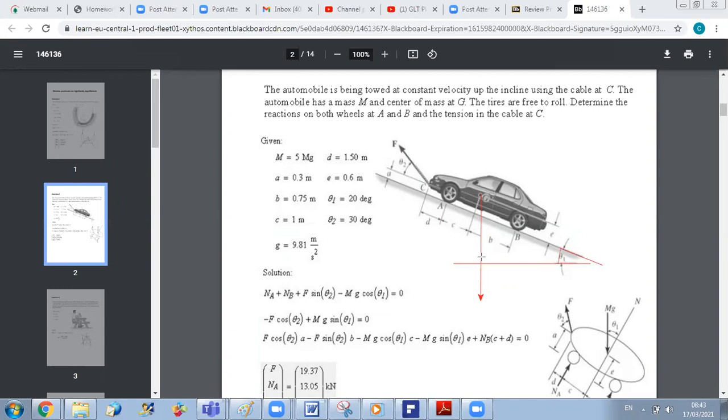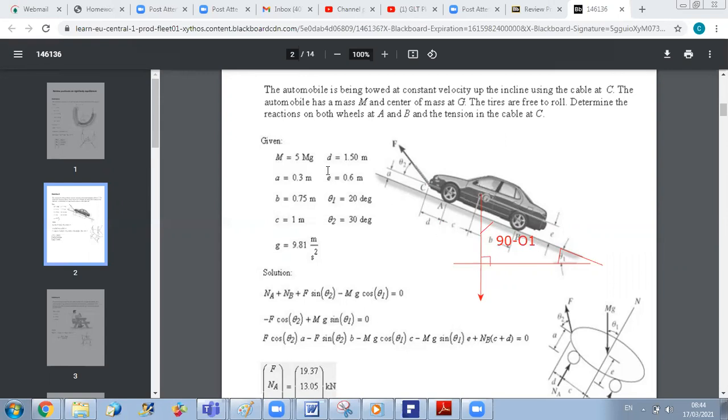Since the weight is vertical, perpendicular to the horizontal, the weight's angle with the inclined line will be 90 minus theta 1. So if I want to project the weight on the inclined line, I will do cosine 90 minus theta 1. And if I want to project the weight on the perpendicular, I do sine 90 minus theta 1, which is cosine theta 1.